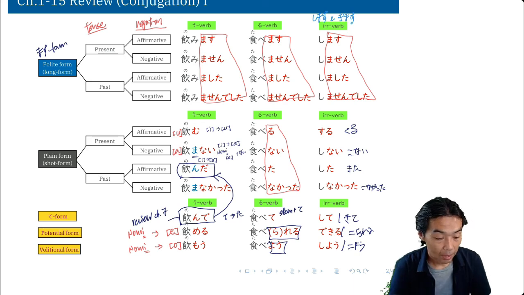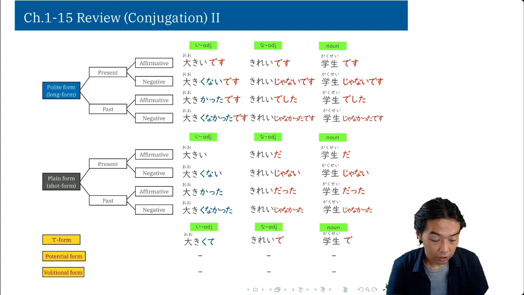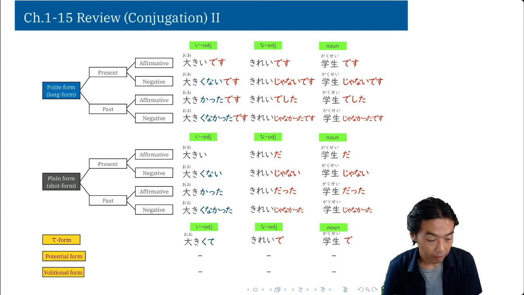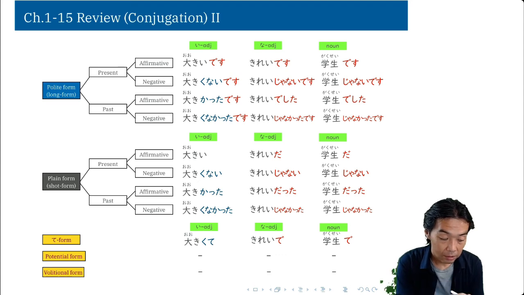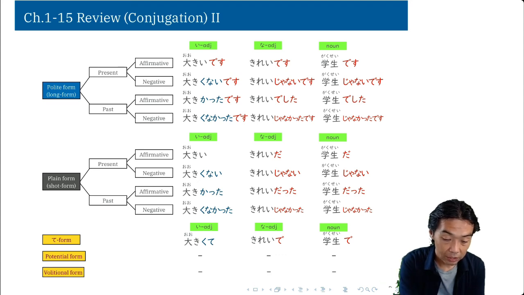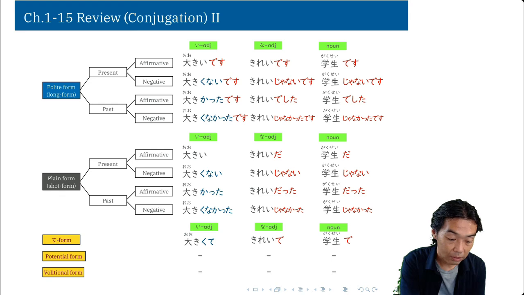Okay. I'm going to show you the conjugations for adjectives and nouns. In Japanese, even nouns conjugate. I'm not gonna go into details, but the easiest way to start is looking at the adjective and noun, because their patterns are almost identical, 99% identical.